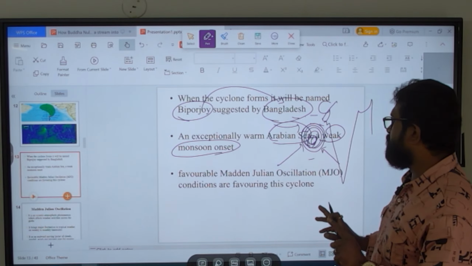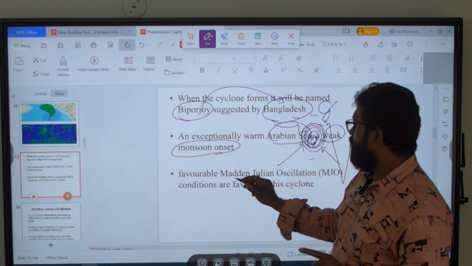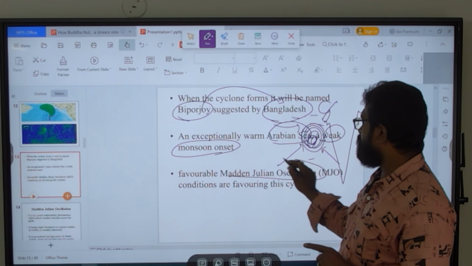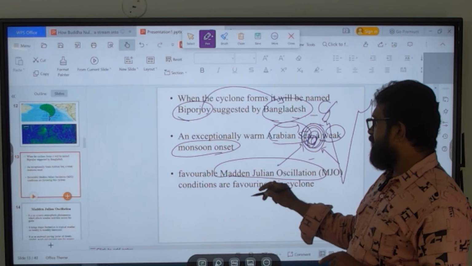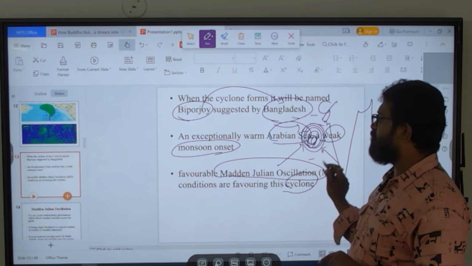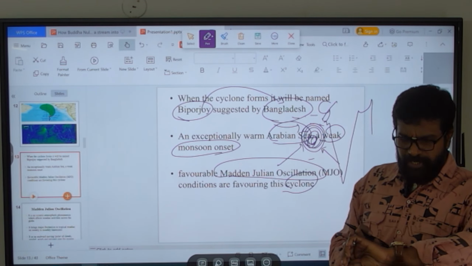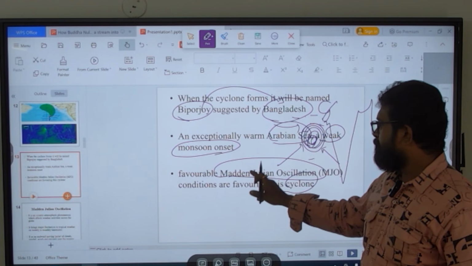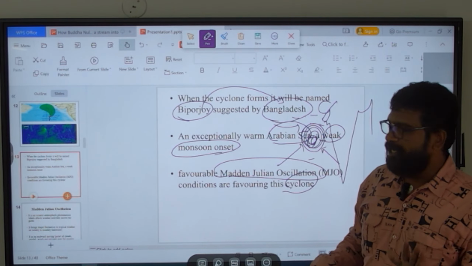So if you see this, there is a favorable Madden-Julian oscillation. That condition is favoring this cyclone. So we have to read about what is called the Madden-Julian oscillation. Look at here.